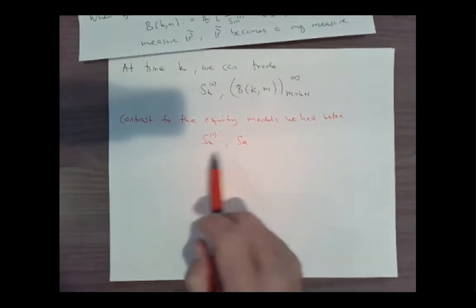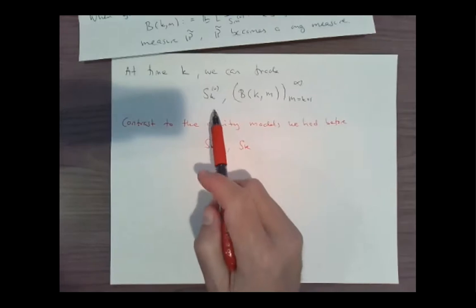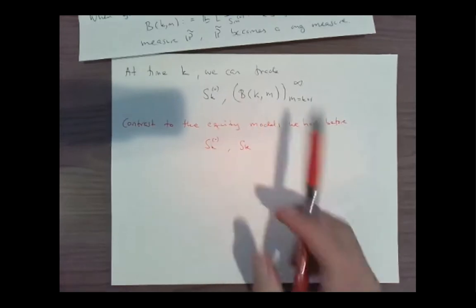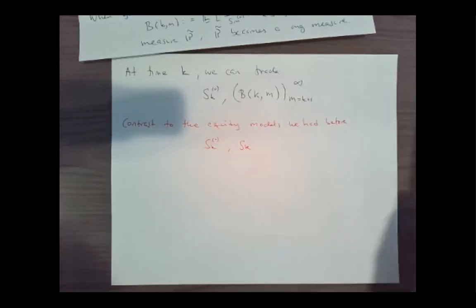So before we could only trade 2. In these fixed income models, we can trade many more. We can trade all these zero coupon bonds. Are there questions up to this point?